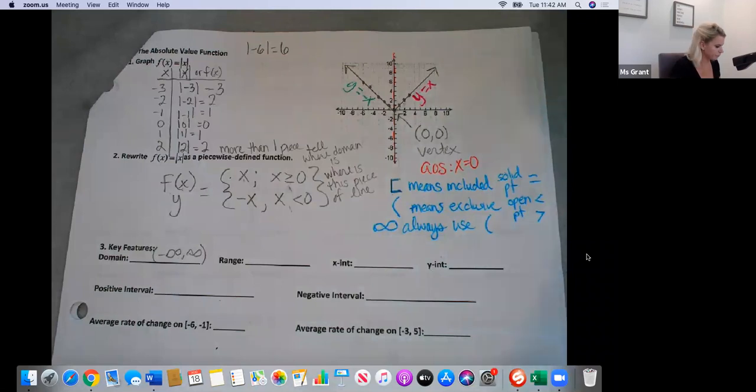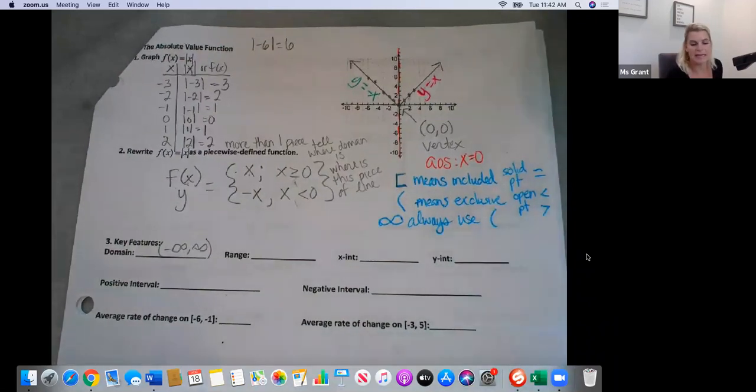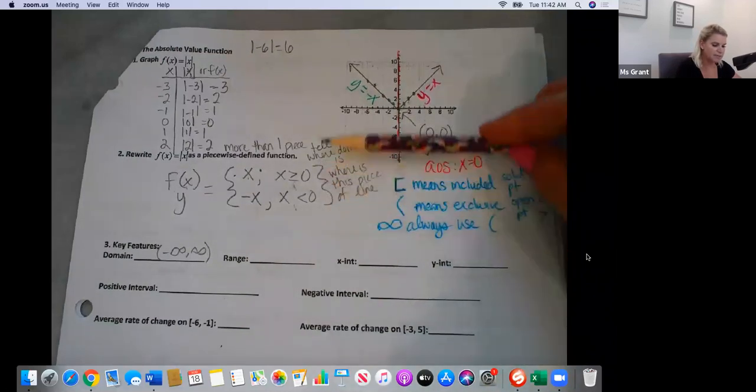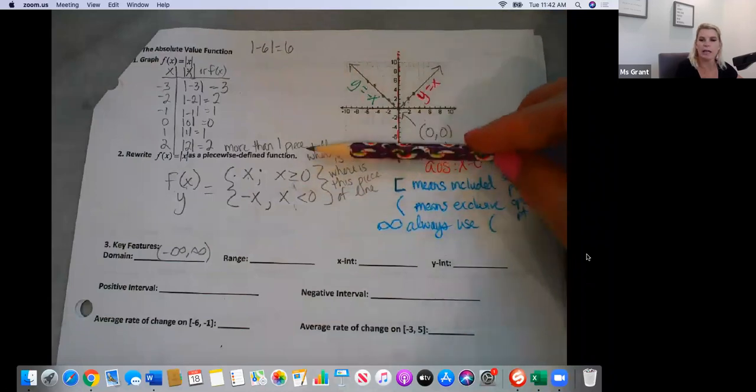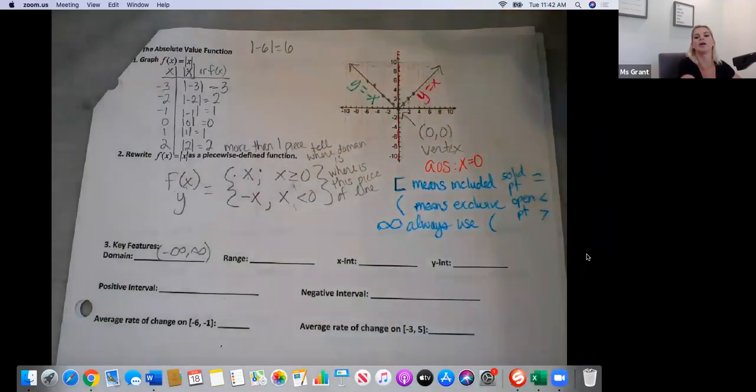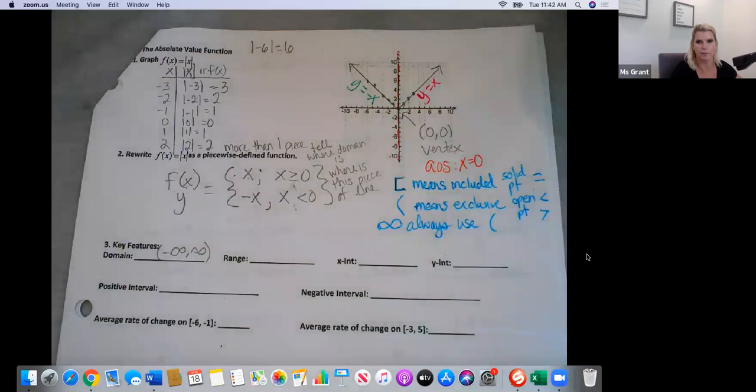So now, the reason I brought that up is because in the range, remember, it's my y values. I'm scanning up, so I want to start at my lowest point and then go up. How high does it go? So what's my lowest point? 0.